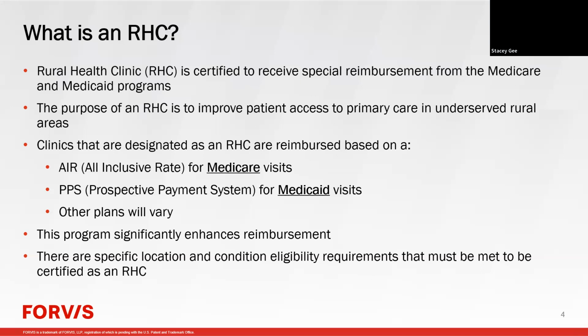And then some of those other commercial payers have their own payment methodologies. So you've got a combination of how you may be reimbursed for those encounters and visits that take place within an RHC.